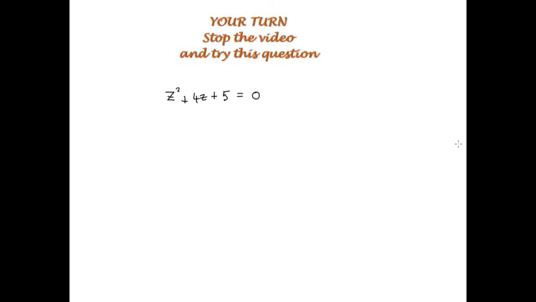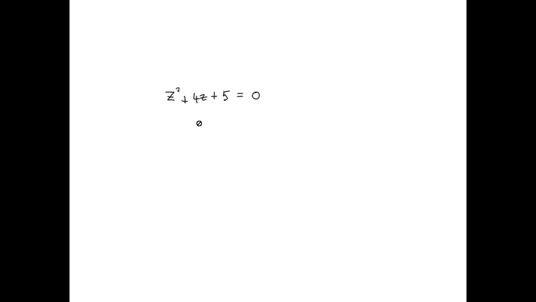Okay, let's see how you got on with that. So the first thing would be to use the quadratic formula: minus b, negative 4, plus or minus the square root of 16 minus 4 times 1 times 5. That's minus 20. All over 2 ones are 2. So we get negative 4 plus or minus the square root of negative 4, all over 2.